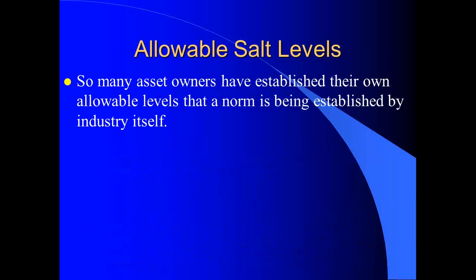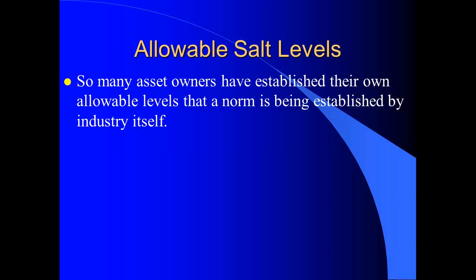Well, we've gotten to now so many different asset owners with pipelines and with refineries and with ships and with structural steel. While the industry hasn't made up their mind what to do, they've got to do something with their painting spec.